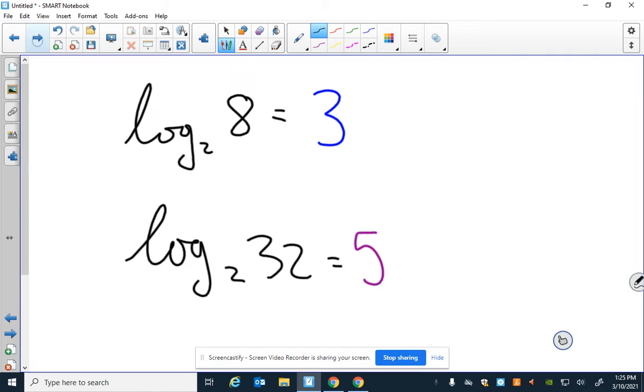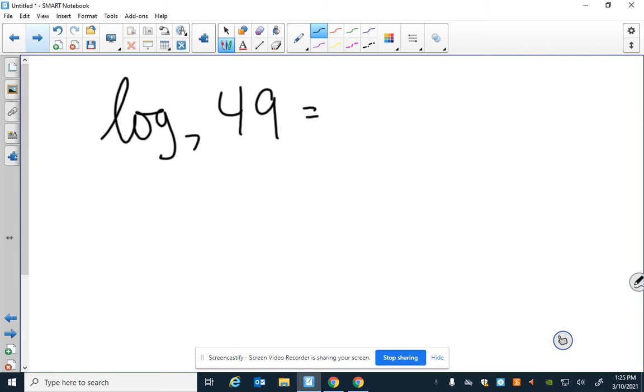It gave you a 2. 2 and 8 were related somehow, and it gave you a 3. Just like 2 and 32 were related somehow, and it gave you a 5. So how are 7 and 49 related somehow? So maybe you said 2. I hope you did. Okay, here's one more before I spoil the fun and reveal the secret.